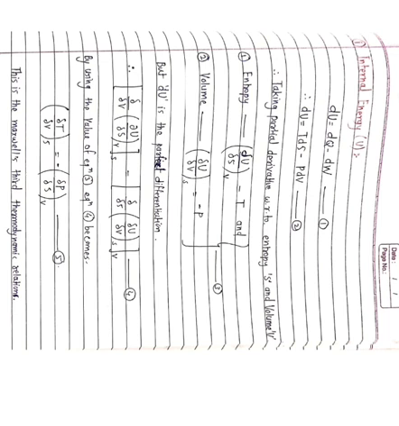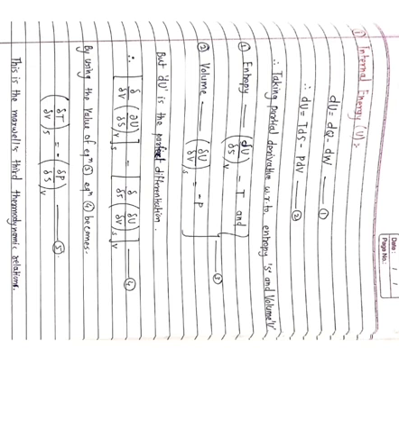Taking partial derivatives with respect to entropy and volume, we get ∂U/∂S at constant volume is T, and ∂U/∂V at constant entropy is minus P. Let's consider this equation number 3.